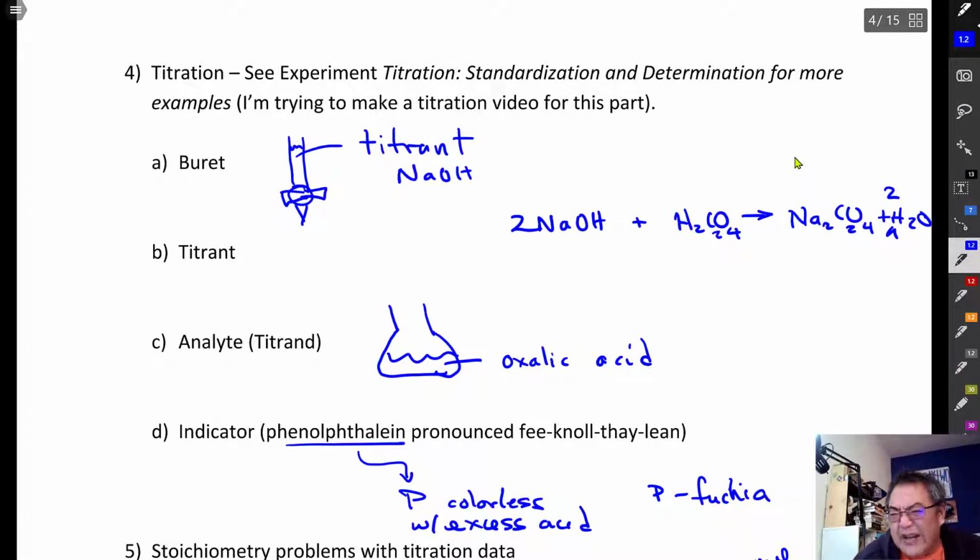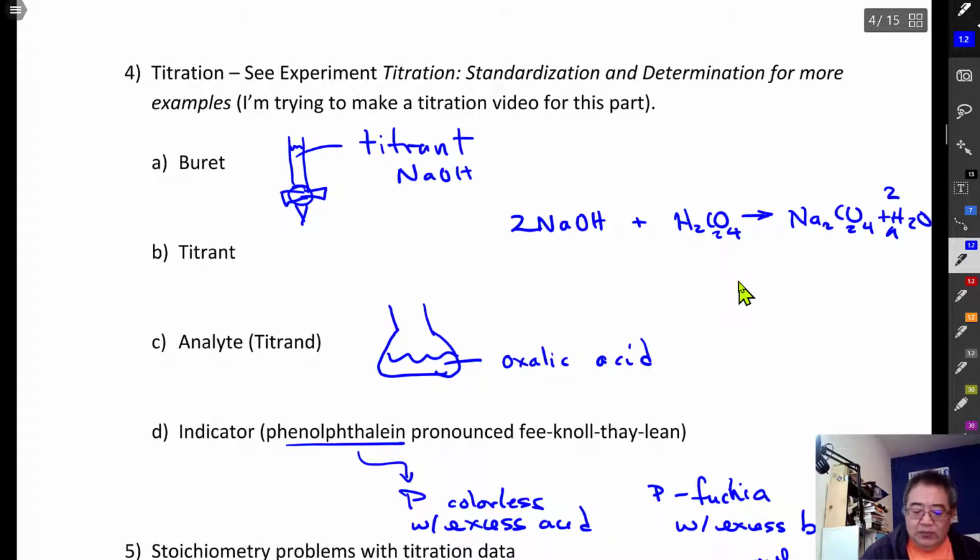And the fuchsia is that bright, like neon pink color, with excess base. So as soon as it turns pink, you know you've used up all the acid. And then what we do is we use the molarity information for the sodium hydroxide and the volume that's dispensed to tell what the moles of the acid are that we neutralized in this reaction.